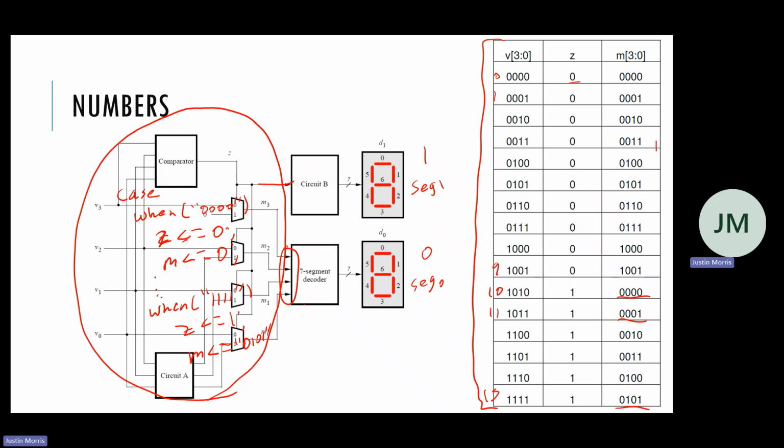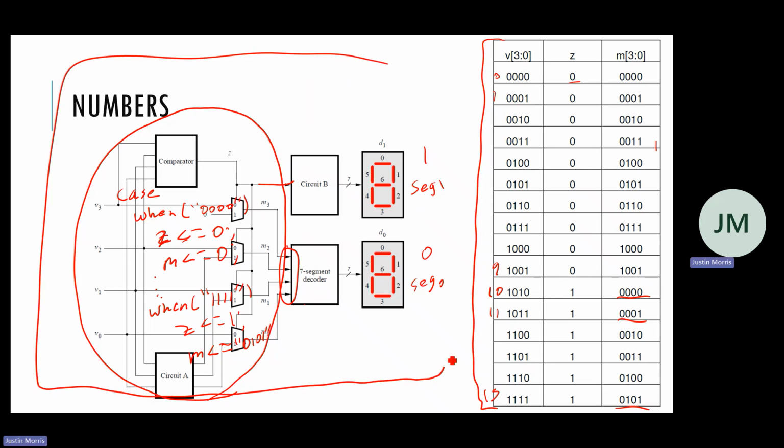This is behavioral modeling. This top level circuit that you would be creating is structural modeling, because you're going to instantiate all of these different components and connect them according to this diagram. Again, you also need to implement this circuit B.